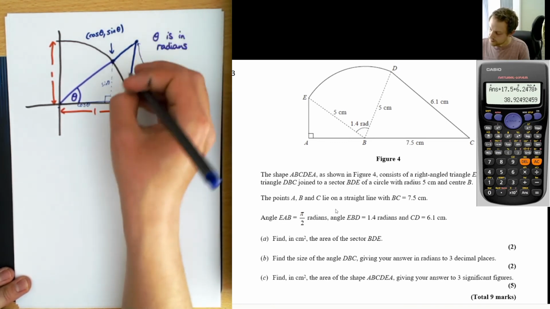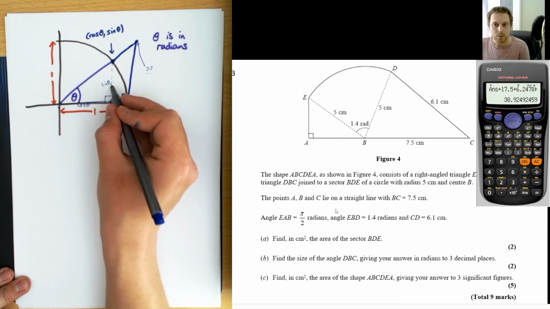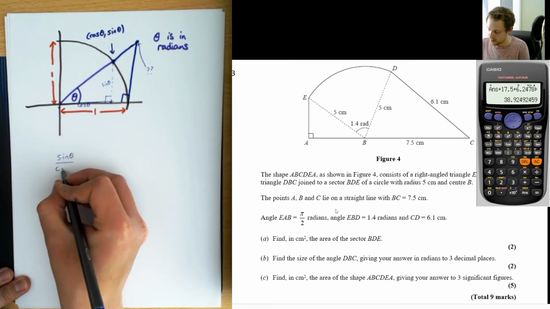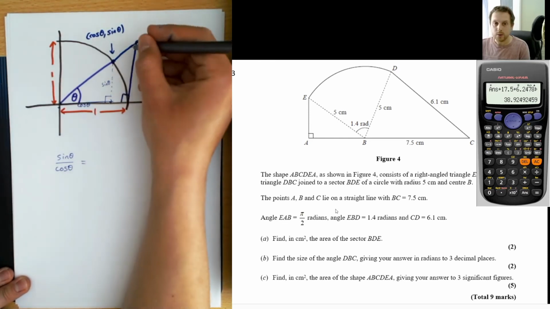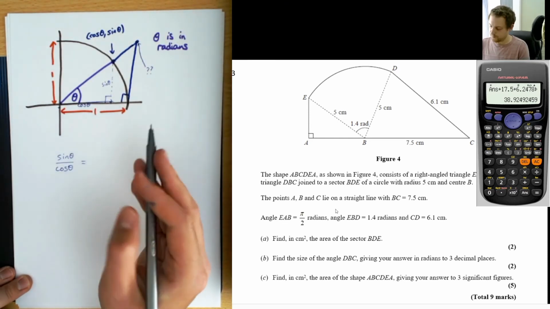And so therefore the ratio sine theta over cos theta will equal this height here over 1.